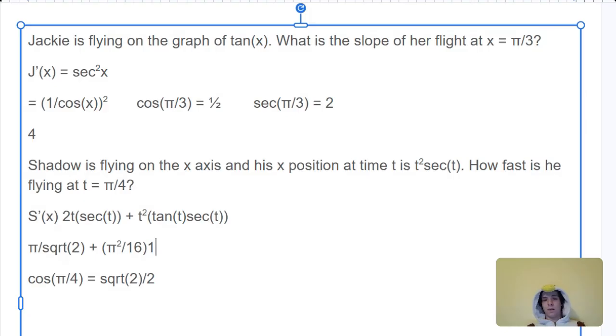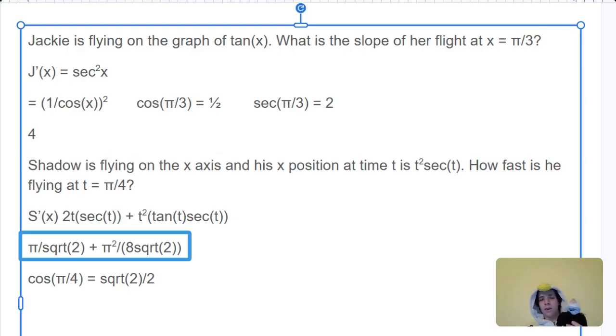So the tangent of pi over 4 is going to be 1. And then the secant of pi over 4, we already calculated that. It's 2 over square root of 2. So we have pi squared over 16 times 2 over square root of 2, or pi squared over 8 square root of 2. And that's going to be Shadow's velocity at t equals pi over 4.